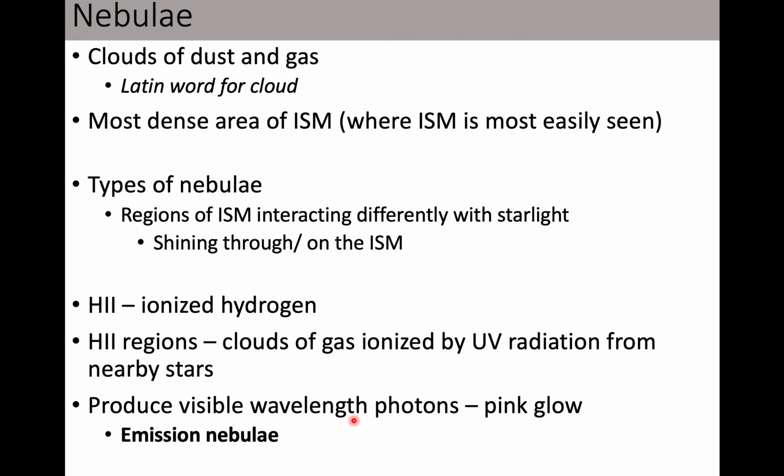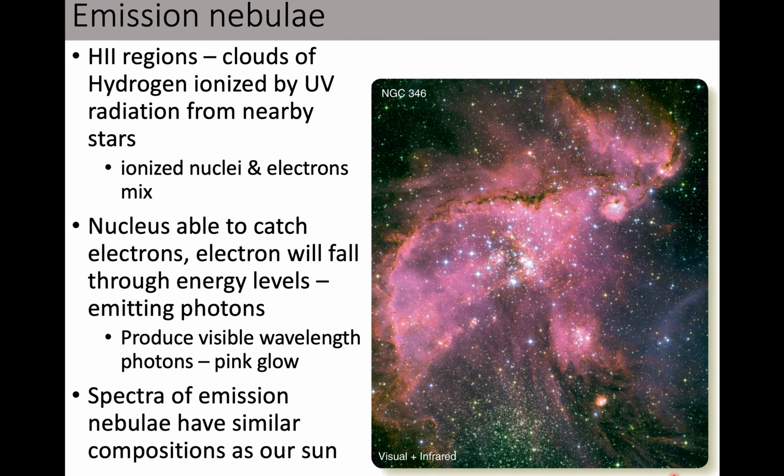So the nearby stars are exciting the hydrogen within the ISM, which will, of course, then produce visible wavelength photons in the pink color. So remember that hydrogen always shows as the color pink. This is what we would call an emission nebulae. It would look something like this, where we have this region of ionized hydrogen due to nearby stars.